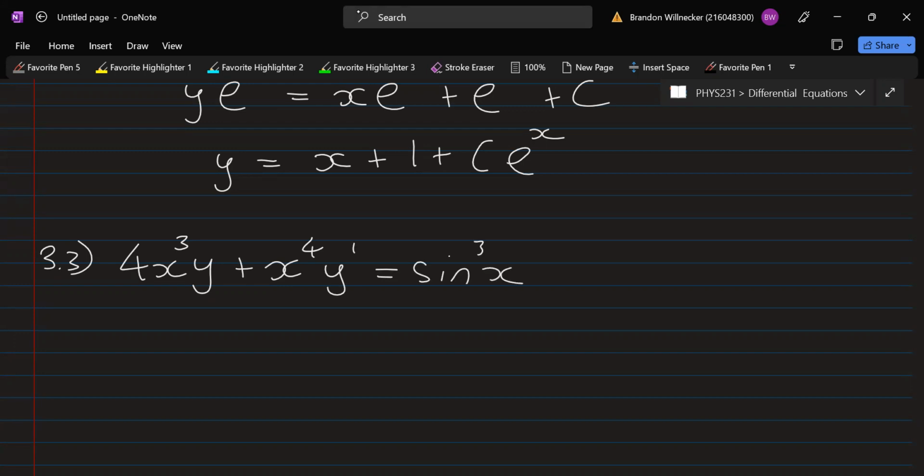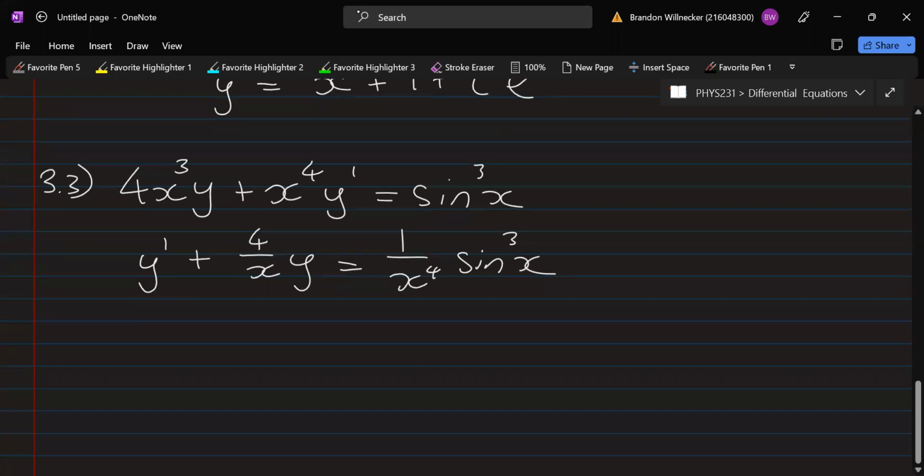Okay, again, it's not in standard form, so let's rearrange the terms a bit. So we can divide through by x to the 4, and we get y prime plus 4 over x y is equal to 1 over x to the 4 sine cubed of x. That was just a bit of rearrangement to get it into that standard form that we want.